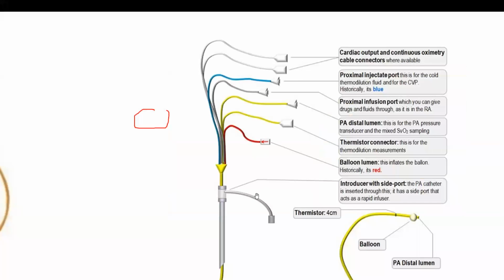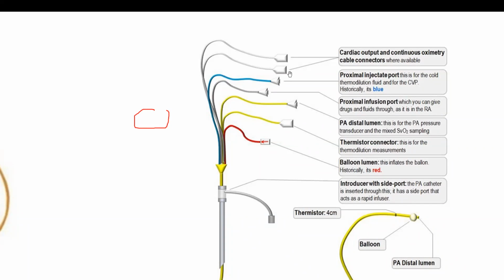Okay, so as you could see, there are different lumens in this catheter, and we're going to analyze each one of these lumens one by one so that you will understand what it measures or what it is for.